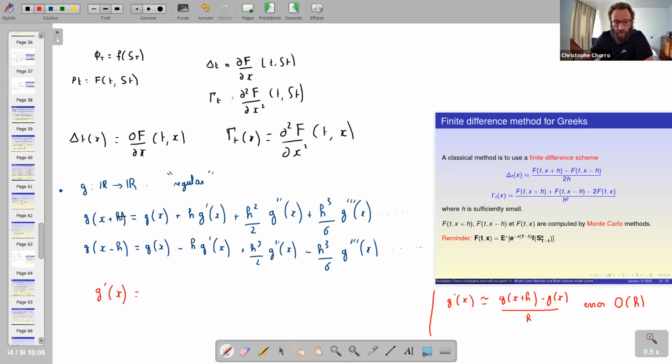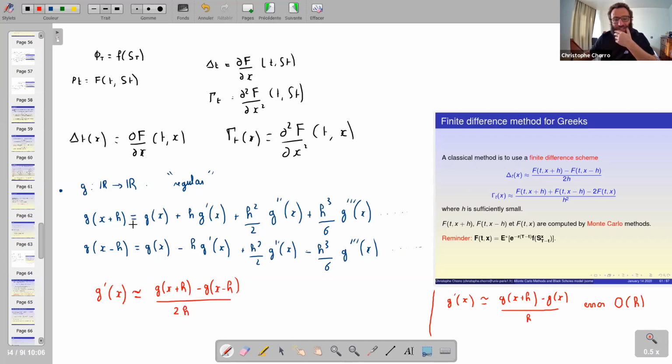I can do this one minus this one. If I do this one minus this one, I can approximate J prime of x by J of x plus h minus J of x minus h over 2h, because I have this one minus this one, so I have 2h times J prime, so I have 2h here.